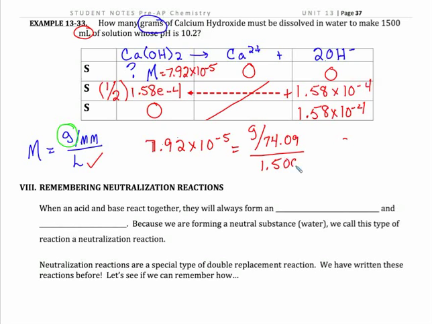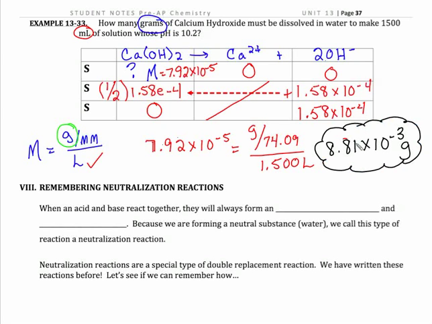This is per liter, so it's 1.500 liters. And if I solve that, if I do my little rearranging in algebra, I got 8.81 times 10 to the minus 3 grams. And that, my kiddos, is my final answer for that.